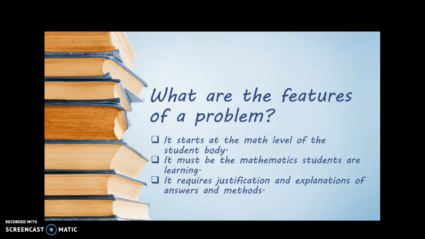So we're going to start at the math level that we're in, and we're going to use the mathematics that we're learning, which in this lesson and the past couple of weeks has been multiplication. And it's going to require that you justify and explain your answers and the methods that you use to solve multiplication problems. So we now know the problem that we're going to address in this lesson is going to be multiplication problems.